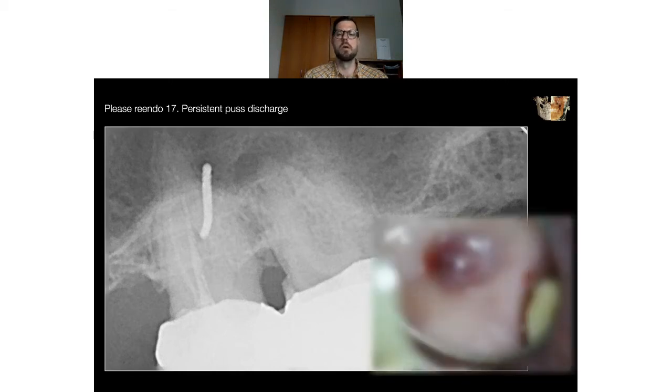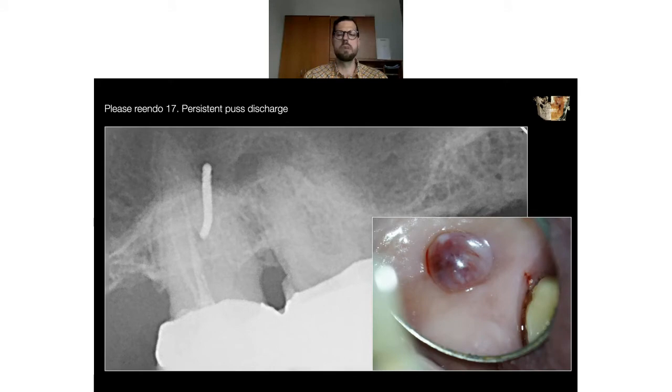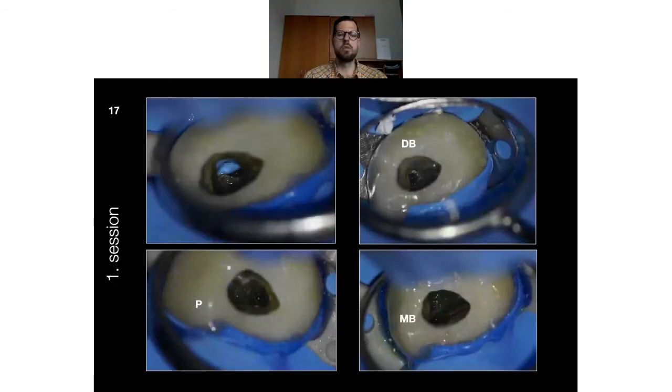So here we see the massive pus discharge, and as I open in the first session the second maxillary molar, we see that I found the palatal, I found the distal buccal, and I also find the mesial buccal.